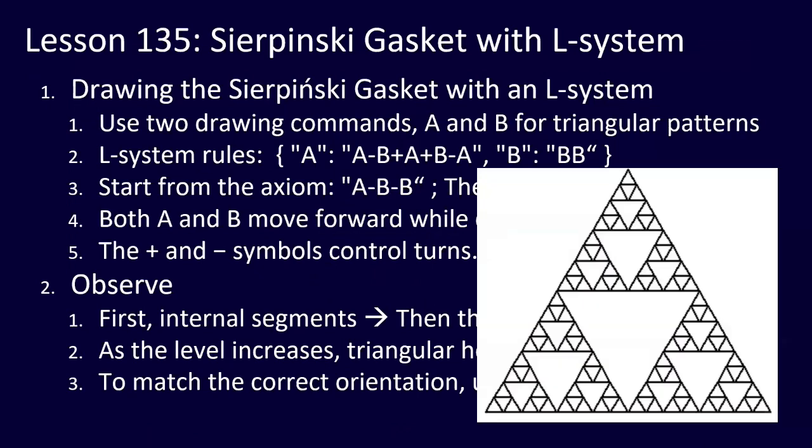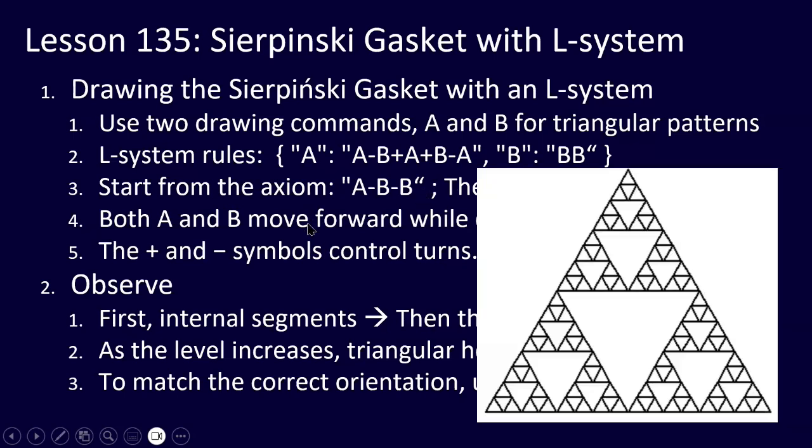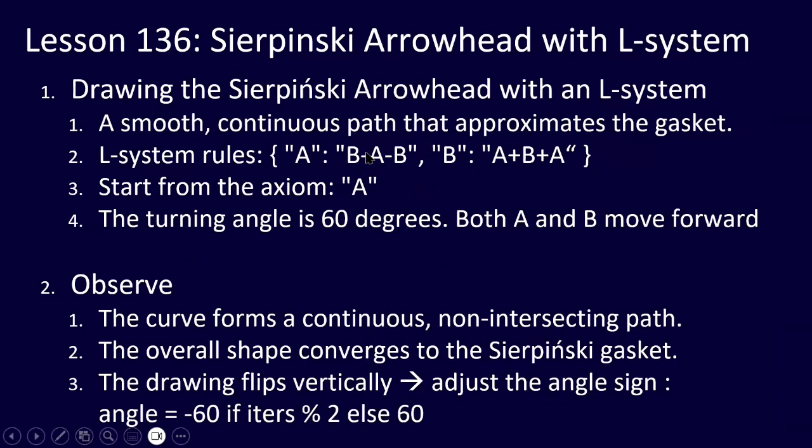we drew it with an L system, Lindenmayer system, using just a very simple rule, two rules, A and B, and then using that we drew the Sierpiński triangle as well. Then last time we drew another implementation of the L system, where A goes to this and B goes to this.